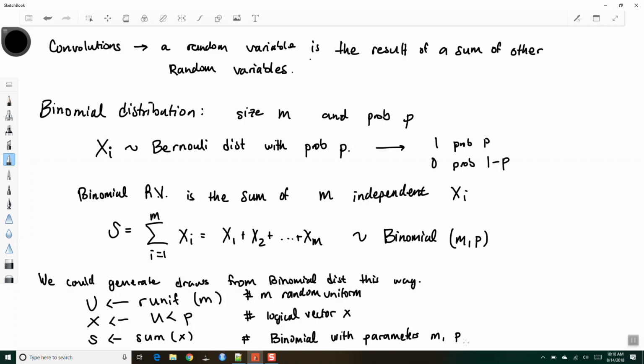But you could imagine a time when generating random values was expensive to do on the computer, then this would not be ideal, because you have to generate a whole bunch of these. Okay, is that all right? Binomial convolution.